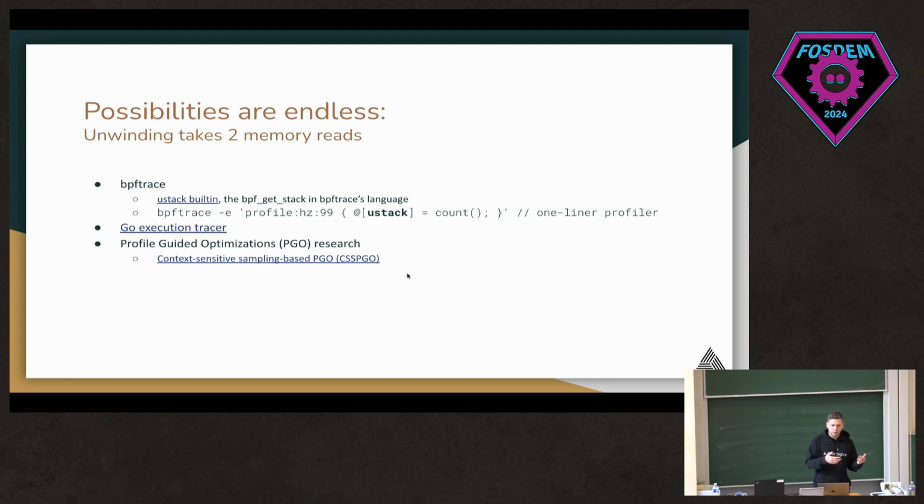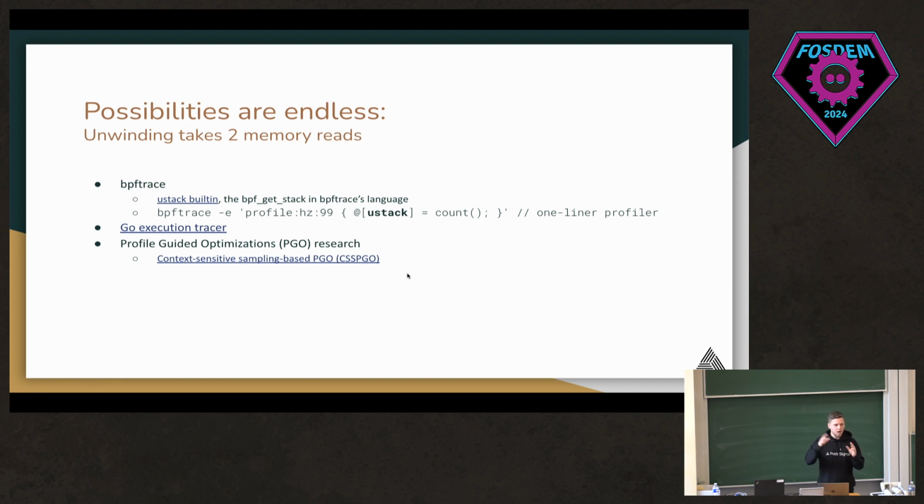The Go execution tracer actually traces everything that's happening, and because unwinding has so little overhead, we can also do things like that. And once we have profiles, continuing with the performance aspect, we can do something called profile-guided optimization. Making profiling so cheap is something where I think a lot of innovation is going to happen in the future.